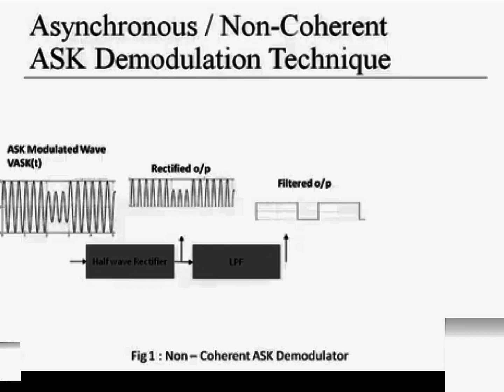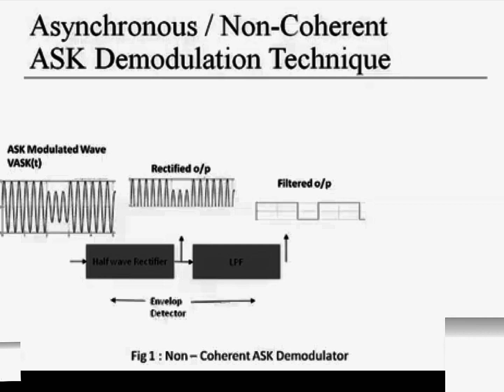It can be seen that for higher amplitude rectified signals, the filtered output is a high amplitude, constant signal, whereas for a lower amplitude carrier signal, the filtered output is a lower amplitude constant signal, thus resulting in an envelope-detected signal.